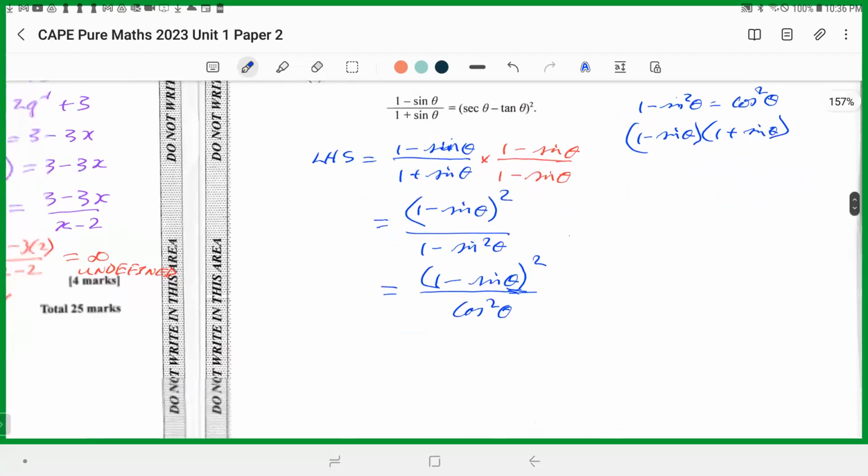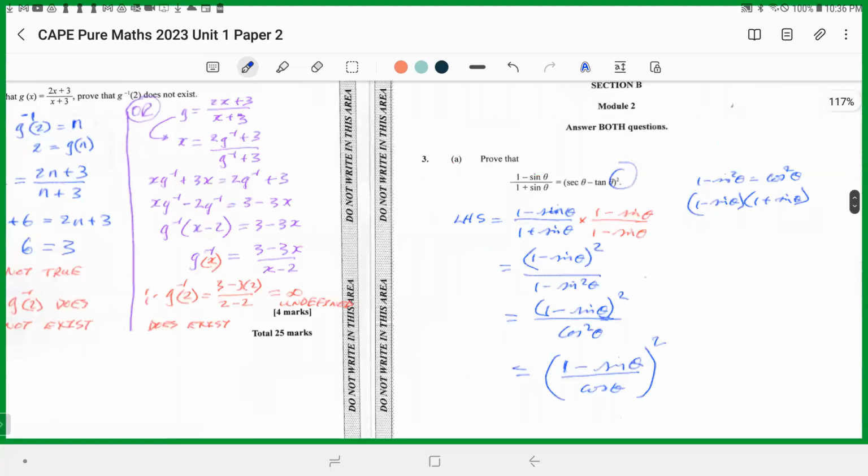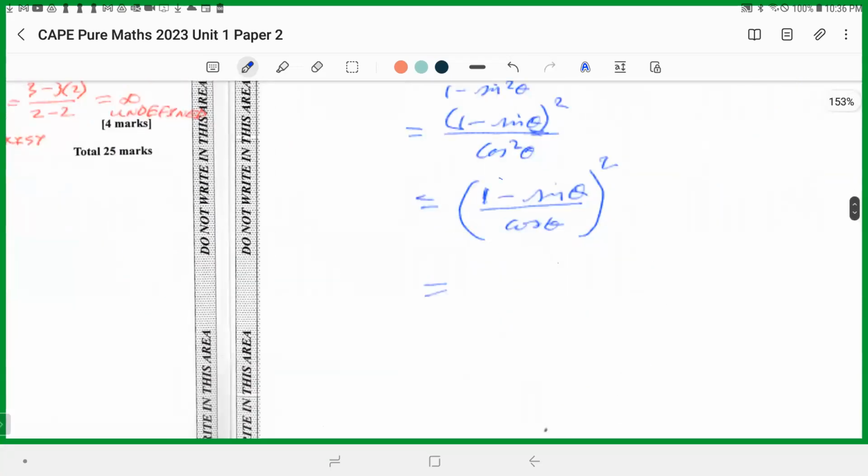Then because this up here is a square and this under here is a square, I can put both of them under the square. I will put 1 minus sine theta over cos theta all squared. And see, I've generated my perfect square from up there. And then now, I'm dividing this by the cos theta and dividing this by the cos theta.